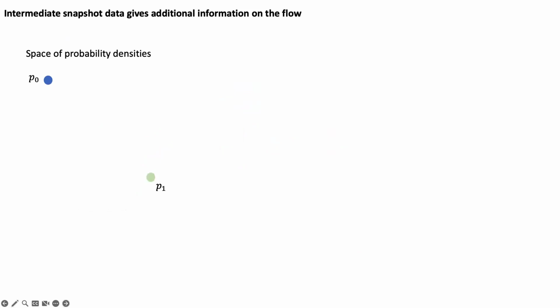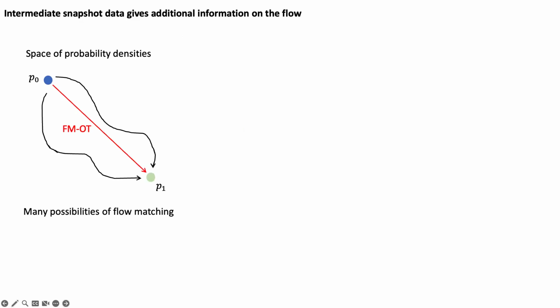Okay, so here there are probability densities, but if you think of the space of probability densities, each can be denoted as just a point in that space. Then by flow matching, there can be many choices of starting from P0 to arrive at P1. So there are many ways to arrive.